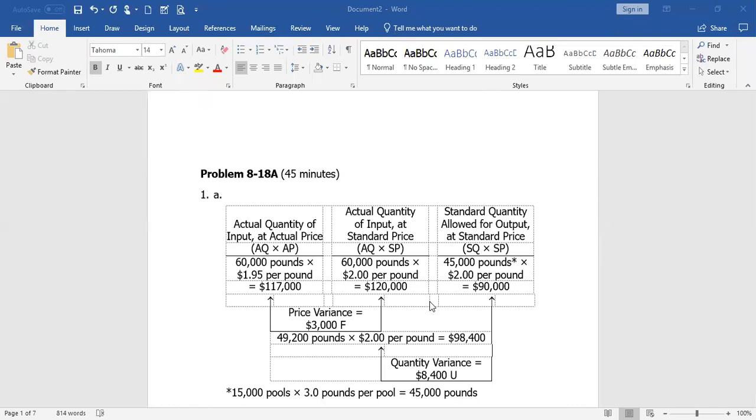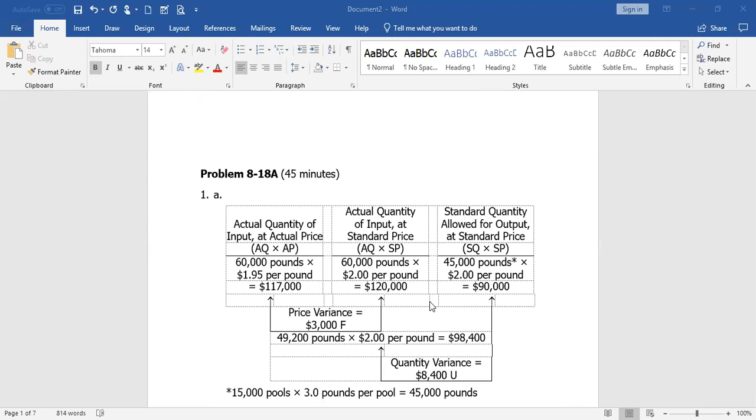We should have used less pounds. We should have used 45,000 pounds. We used 49,200. So because we used more, it caused an $8,400 unfavorable quantity variance.